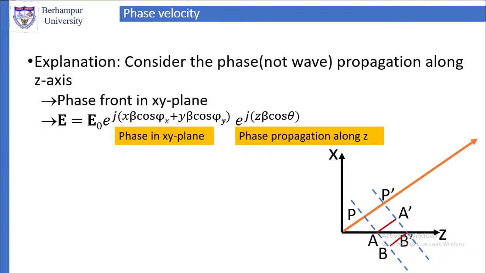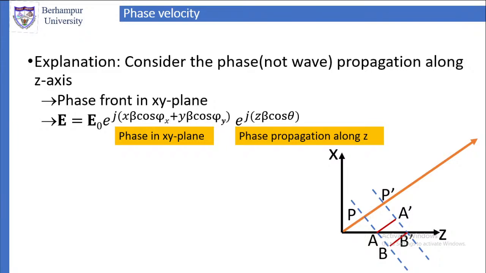The wave has propagated, so P has moved to P dash, A to A dash, B to B dash.